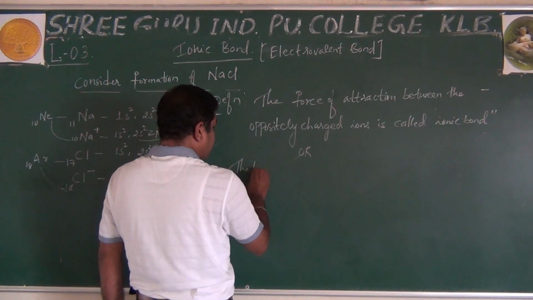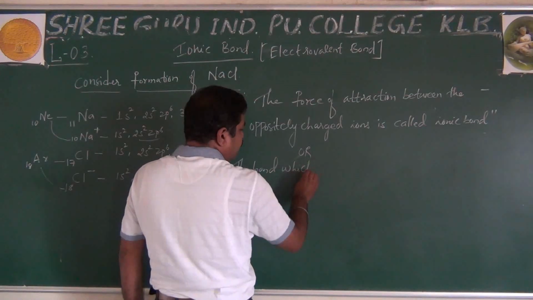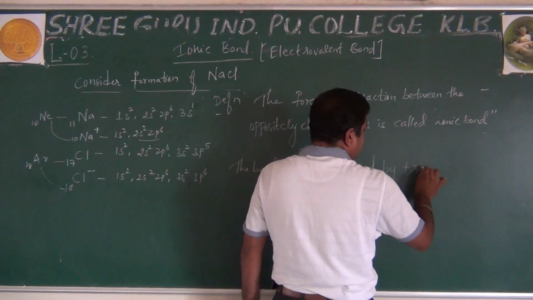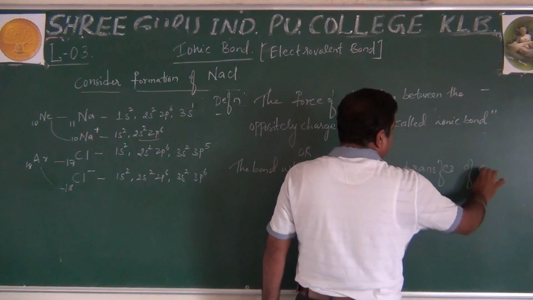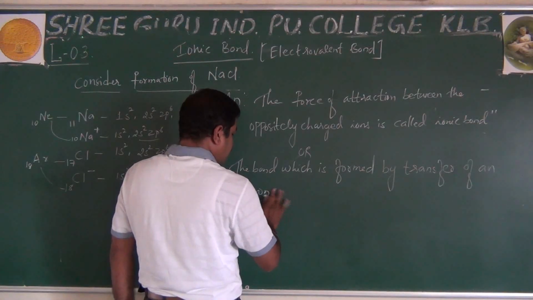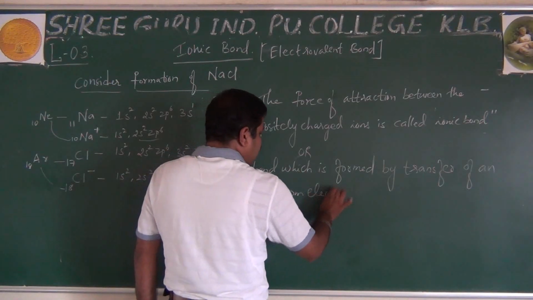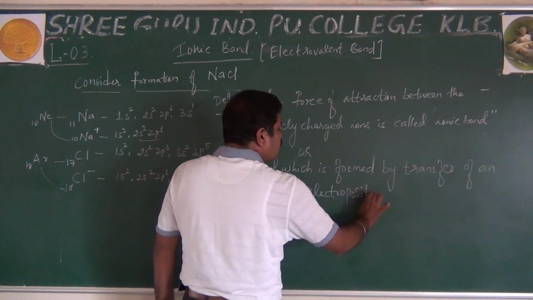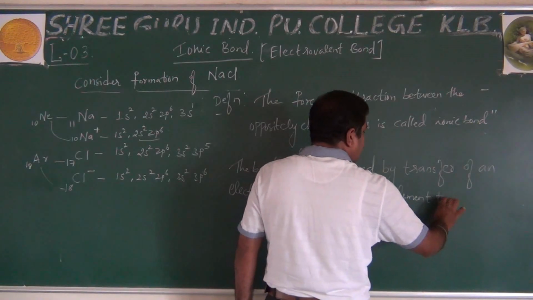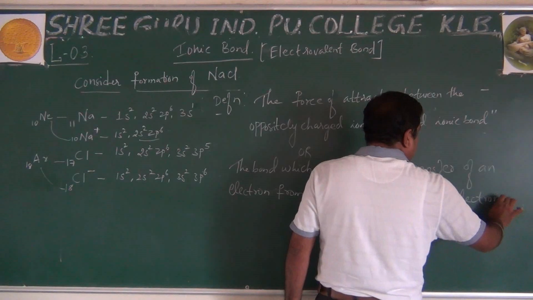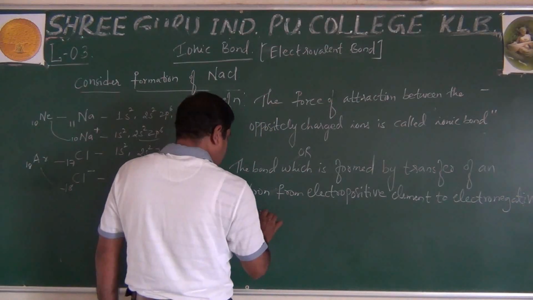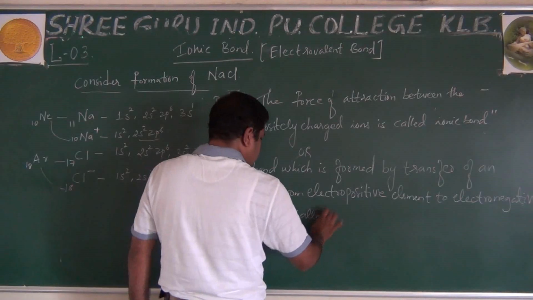The bond which is formed by transfer of an electron from electropositive element to electronegative element, okay, it is called ionic bond.